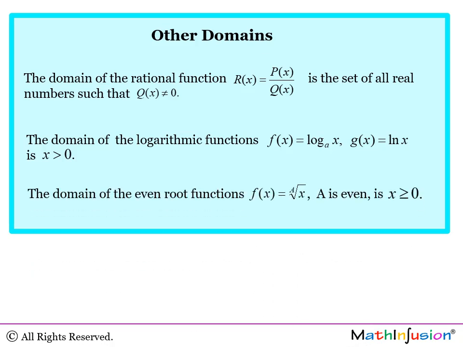The domain of the even root functions is x greater than or equal to 0. If you have a logarithmic function, then x is strictly positive. But if you have an even root, then it's positive but also can include a 0, so it's x greater than or equal to 0.